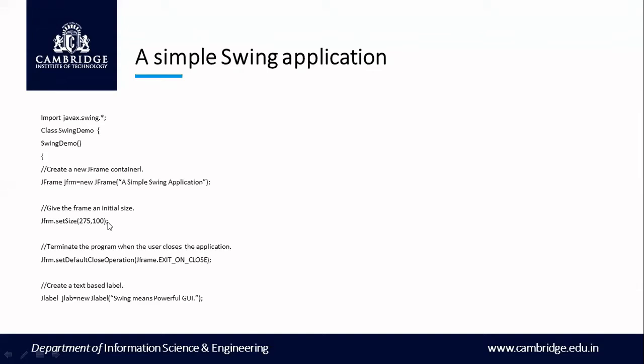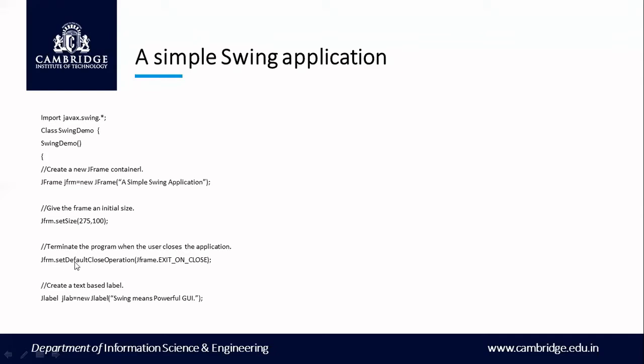Next, terminate the program when the user closes the application. When the user is going to close the application, you should close your container also. For that, I have to write the function using the same object. So you can see here, jfrm.setDefaultCloseOperation(JFrame.EXIT_ON_CLOSE). Using this object, I'm calling the function.